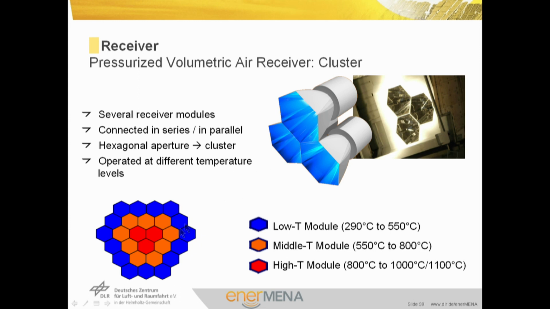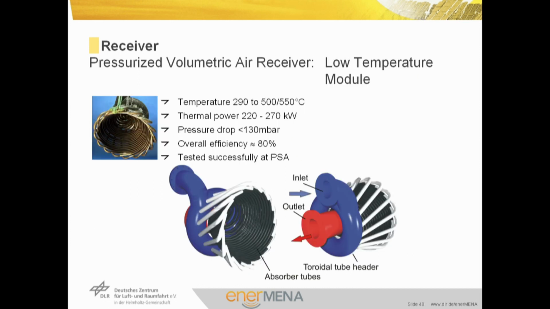That is here in the borders, we have low temperature modules, and in the high solar flux zones in the center, we should use high temperature modules. High temperature modules go up to 1000 or even 1100 degrees Celsius, while low temperature modules go up to 550 degrees C. A low temperature module still can be realized by a tubular receiver.